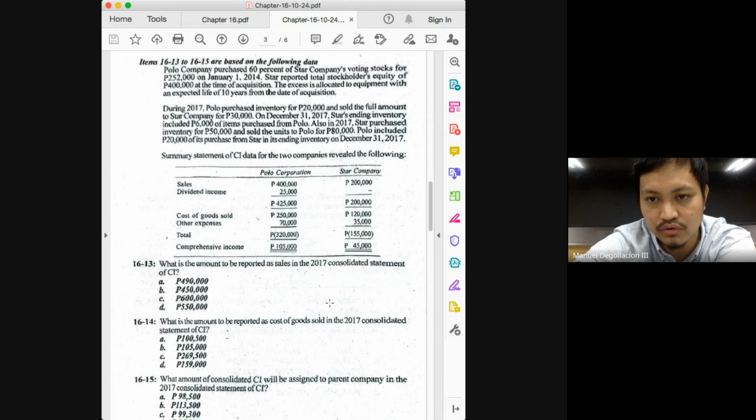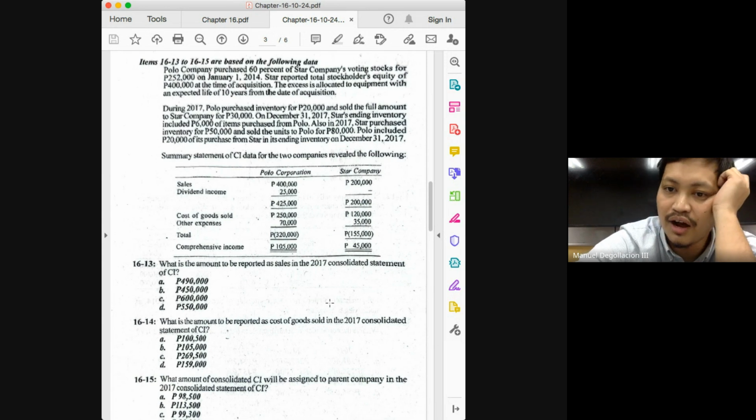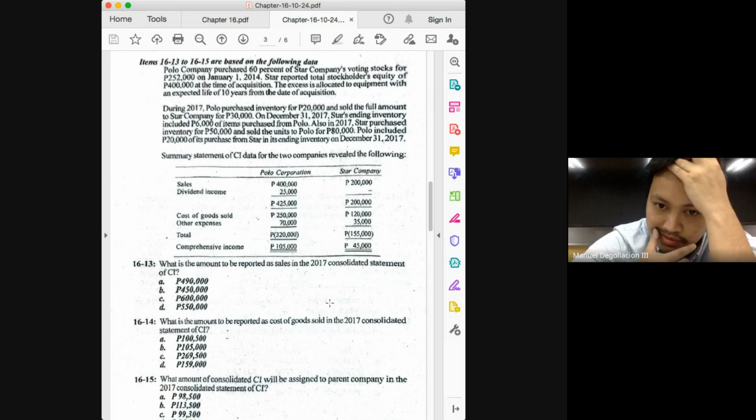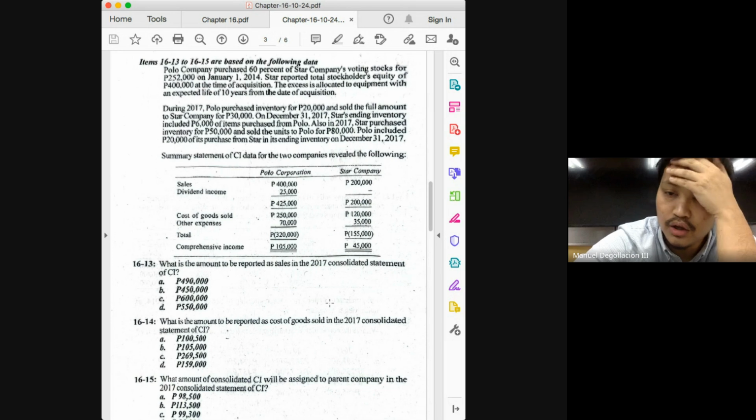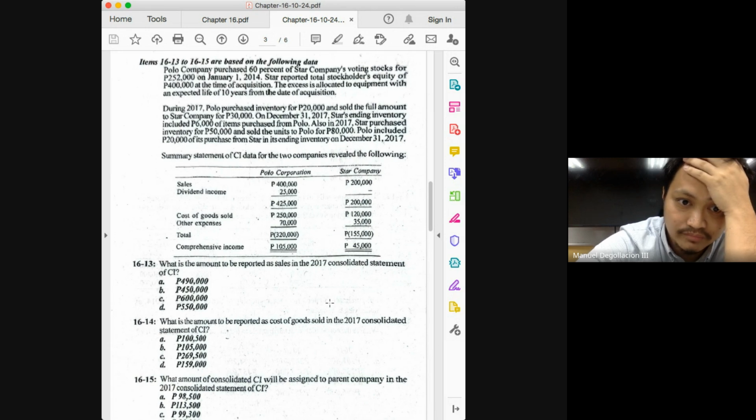How much will that give you? 220,500. That would be your consolidated gross profit. And then deduct your consolidated other expenses. Add 70 and 35. 70 and 35 is 105. How much was the consolidated gross profit? 220,500 minus 105,000.